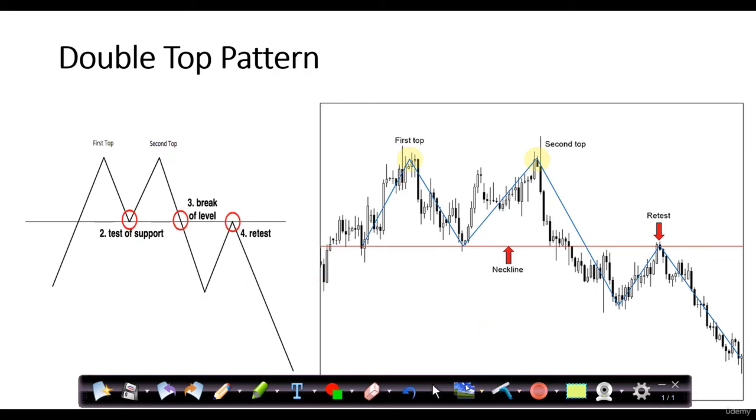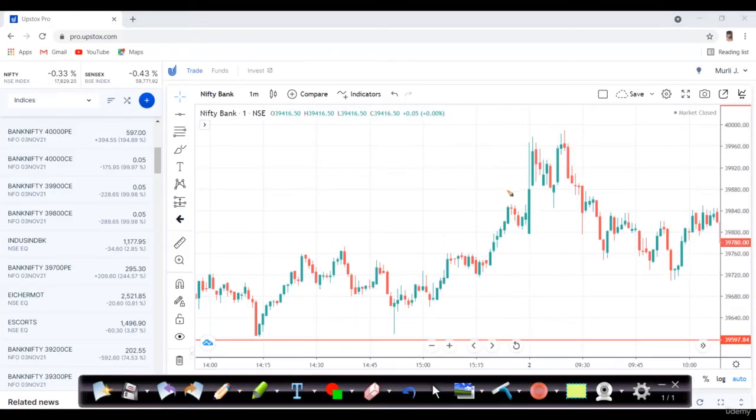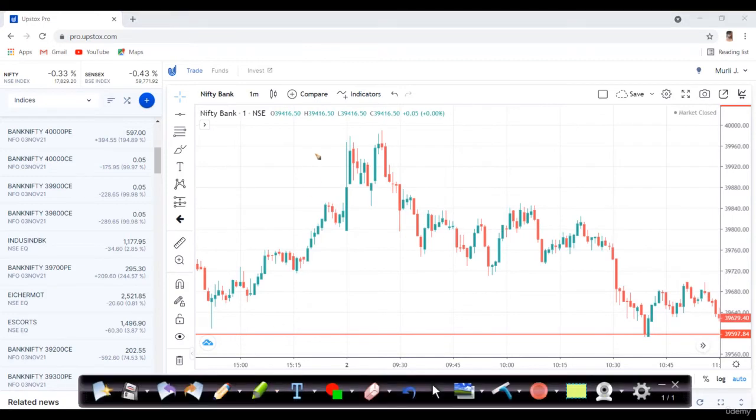Now let's take an example from the chart itself. If you see, this is the double top pattern. Yes, it's not that clear. The market moved upside, took a support here, moved upside, took a resistance here. This is the strong resistance area which I am marking here. The market opened on the 2nd November flat, moved upside and created this double top pattern.